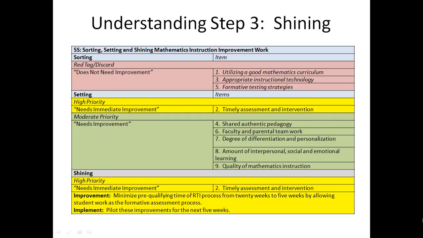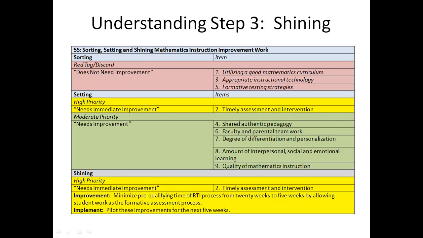So working now on the third step, shining, what does this mean? Well, what we're trying to do here is examine what's happened. And we've actually figured out that we need to improve what happens in our pre-qualifying RTI process, because what's happening is that students are getting recommended for possibly qualifying for RTI, but they go through this cycle time of testing and retesting and so on.